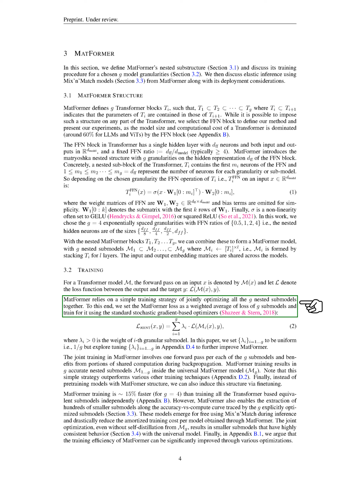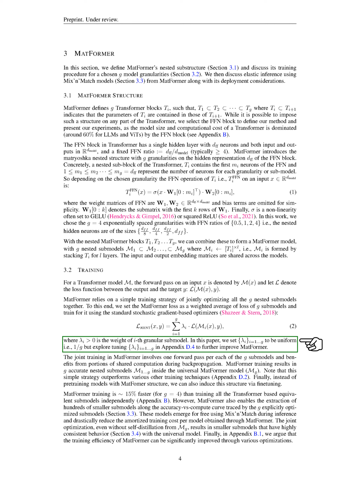We use standard stochastic gradient-based optimizers for training. Each submodel is assigned a weight, lambda, which is greater than 0. In this paper, we've set all lambdas to be equal, but we've also explored adjusting these weights in the appendix to further improve MatFormer. Training MatFormer involves one forward pass for each of the G submodels.